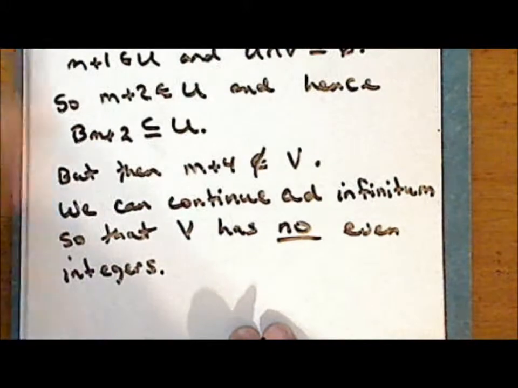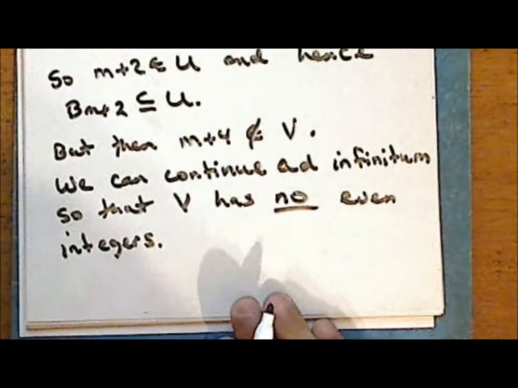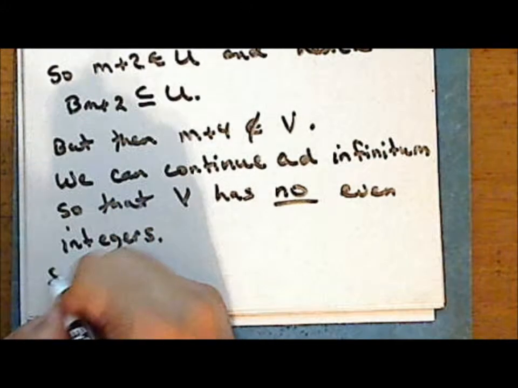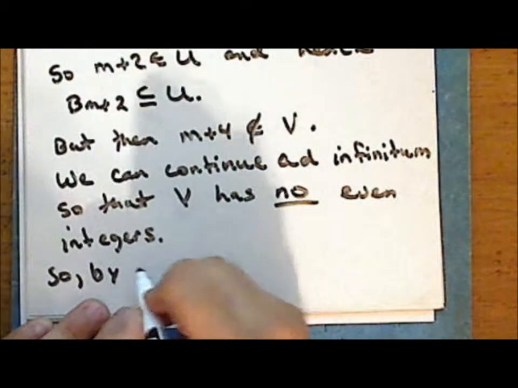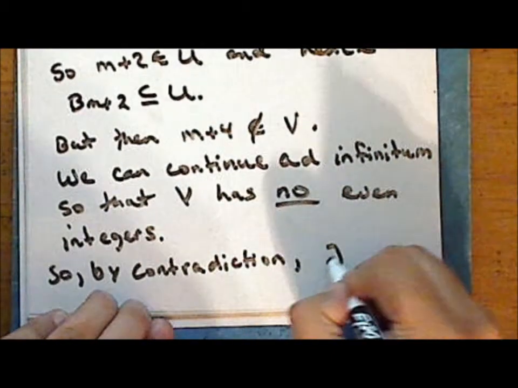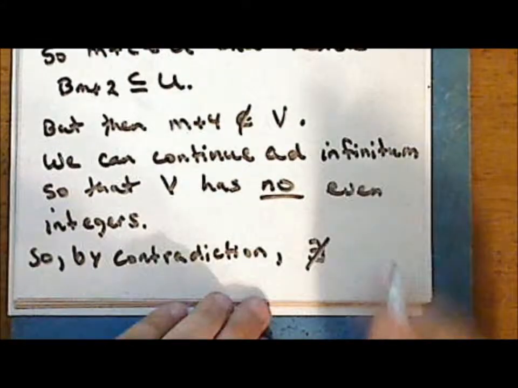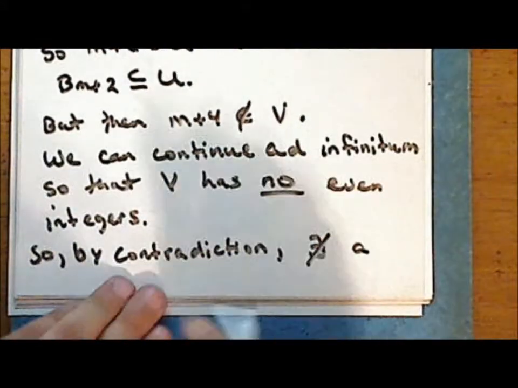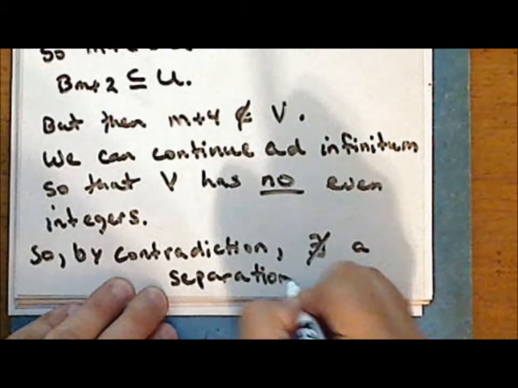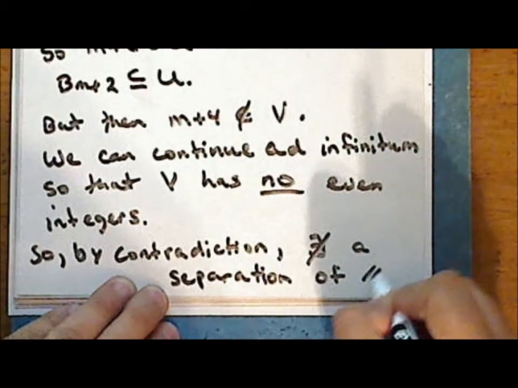This is a contradiction because the set V cannot consist entirely of odd integers, and so by contradiction there does not exist a separation of the digital line.